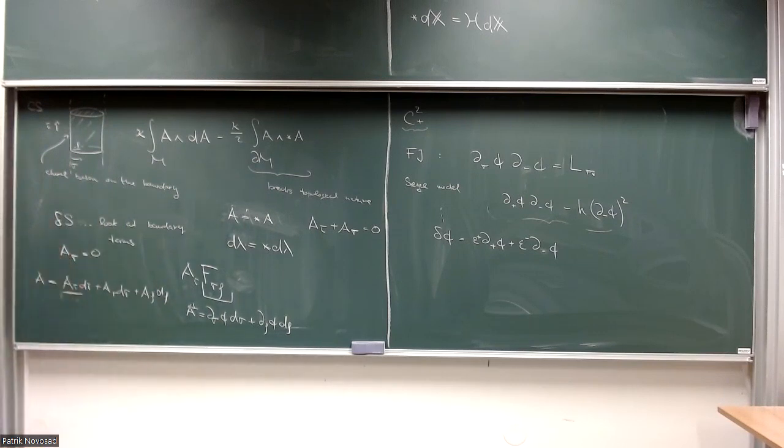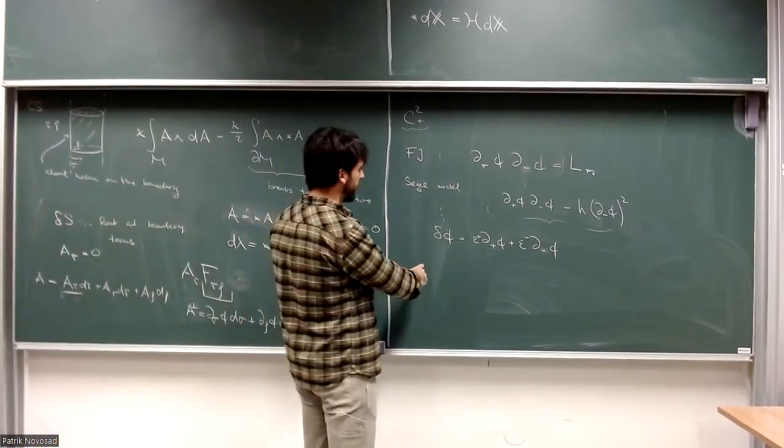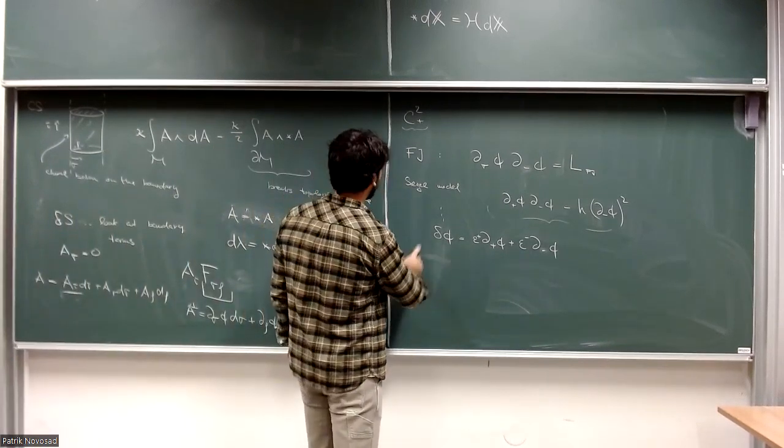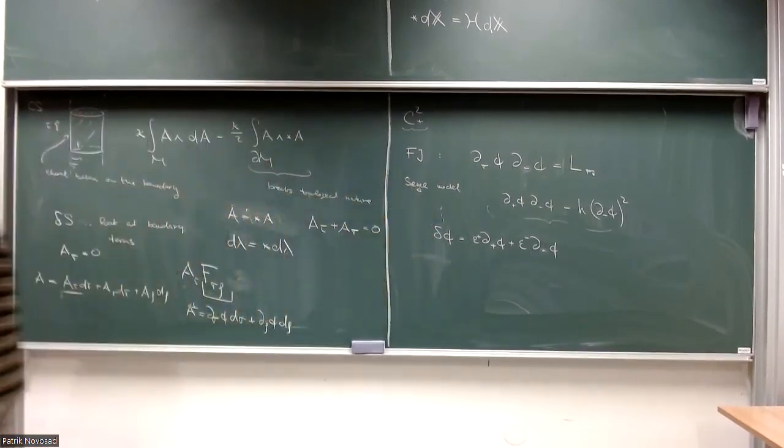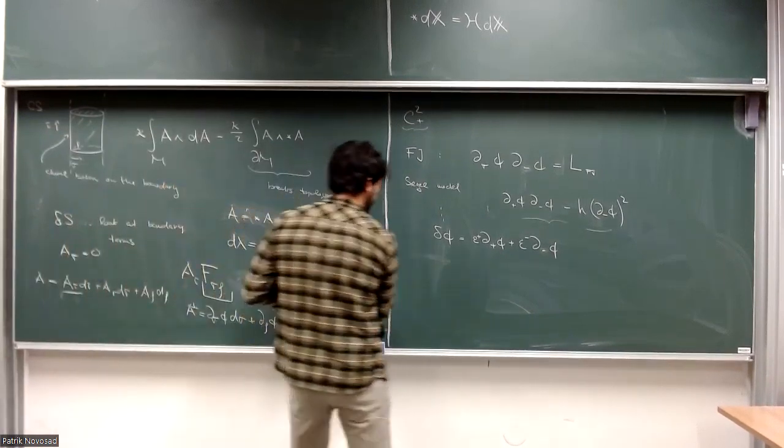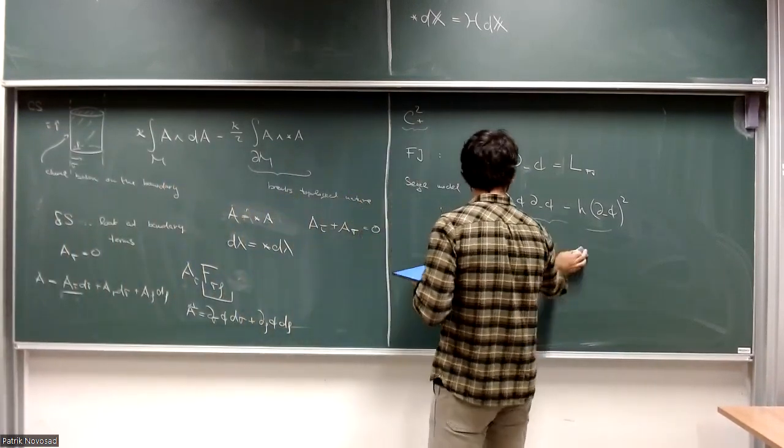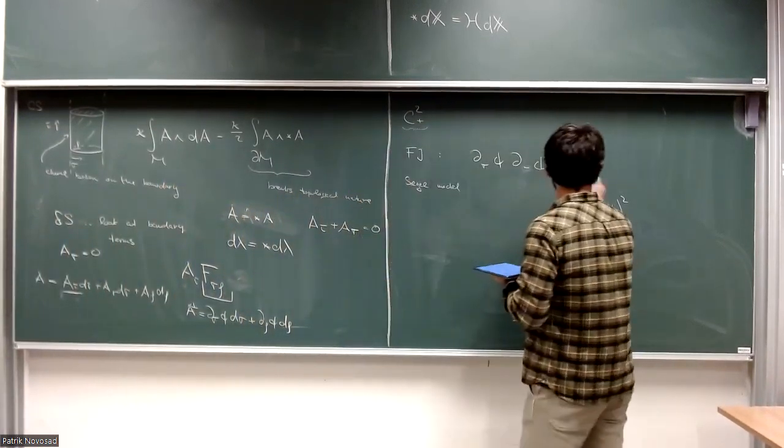One more minute. Okay. So that's how it works for the chiral action. Now I'll explain the more covariant version of this one, and how you get it from the projection.